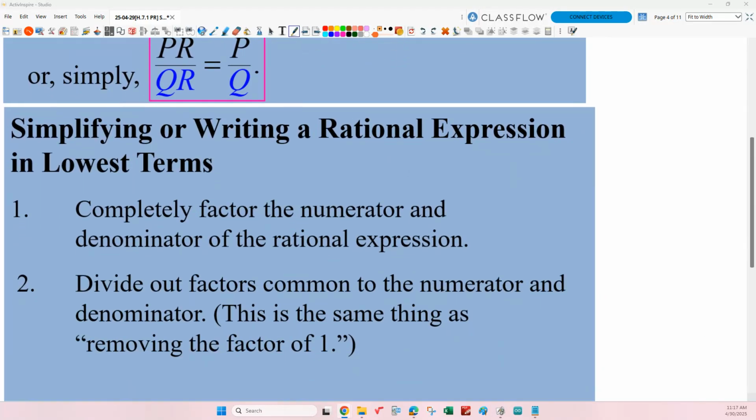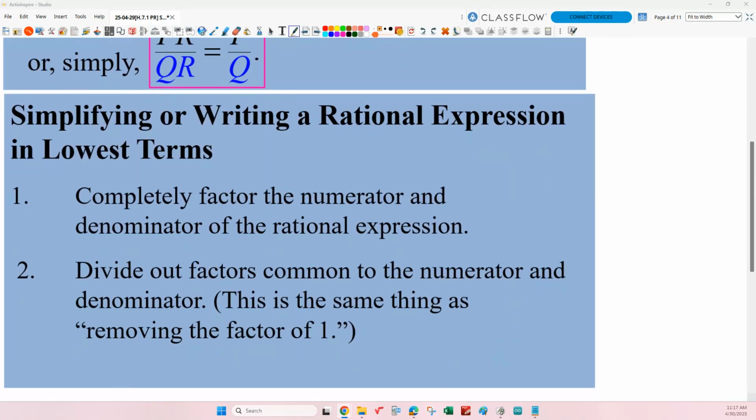So a little checklist that we could talk about to simplify. We want to completely factor the numerator and the denominator. We worked with factoring the denominator, just we're doing it in both of them now, and then divide out common factors.